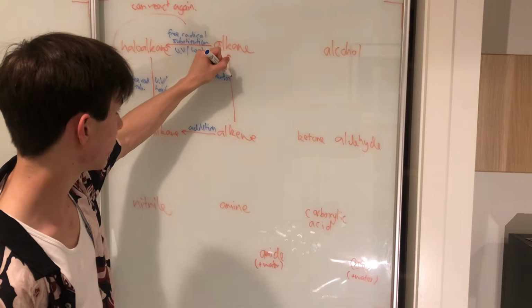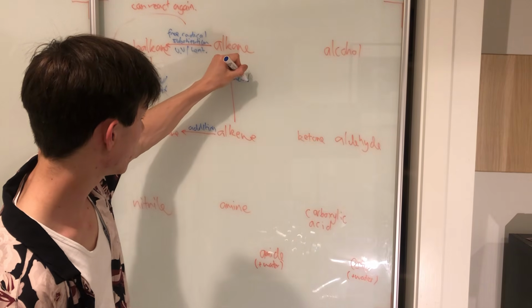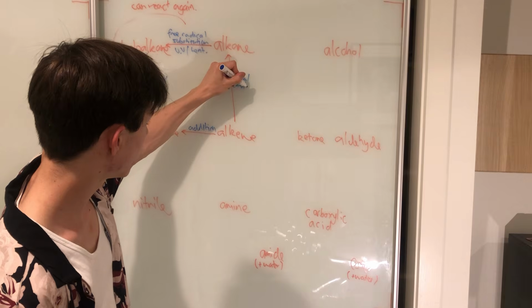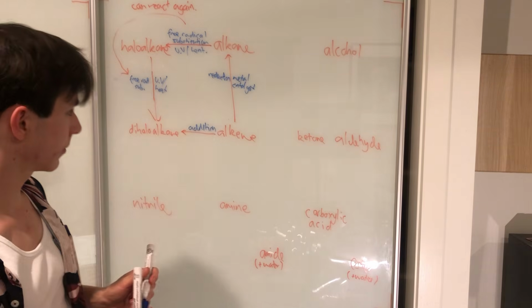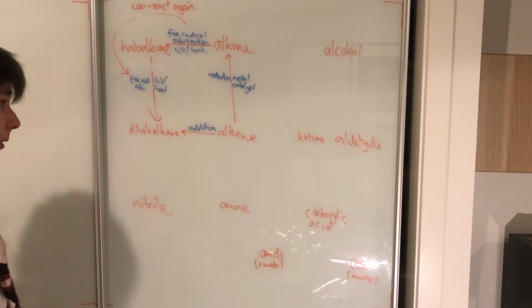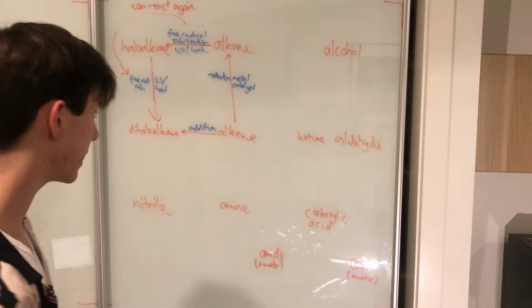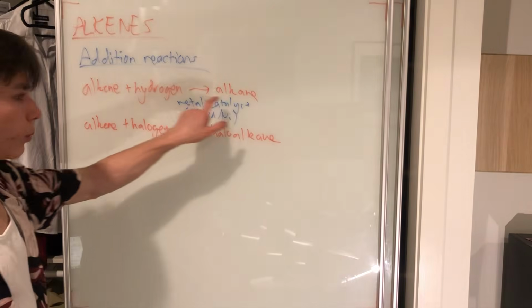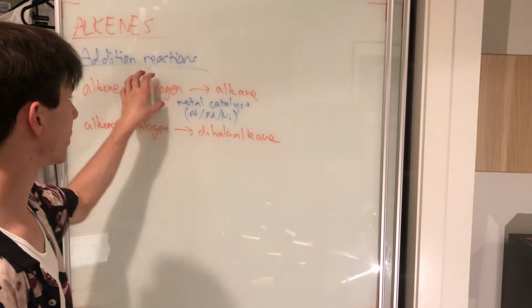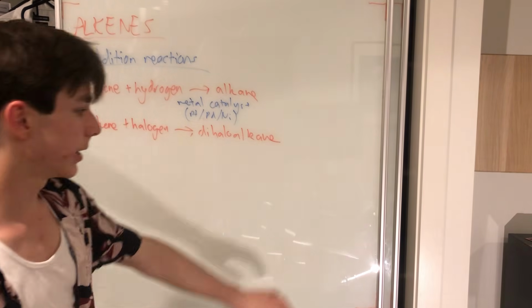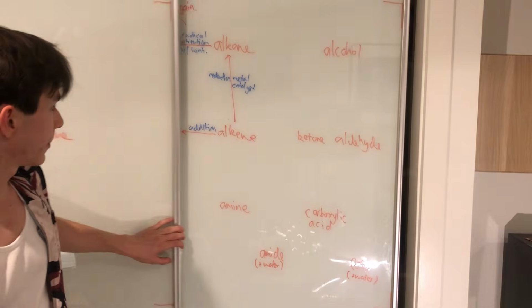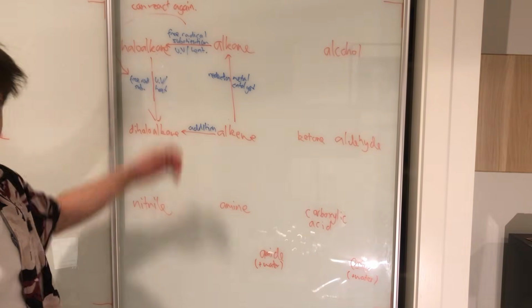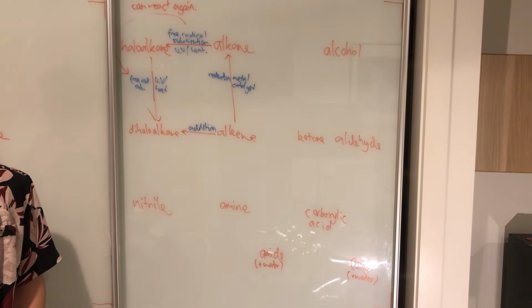And the condition is metal catalyst. Can I encourage you, if you have enough space, say you have A3 paper, on these arrows, write the full word equation as well, because then you know what your reactants are. So that's those two addition reactions.